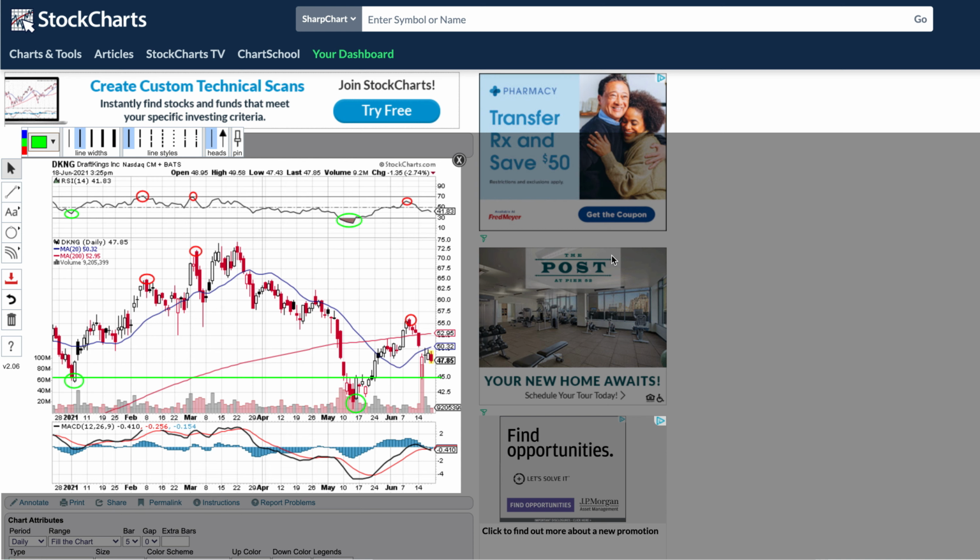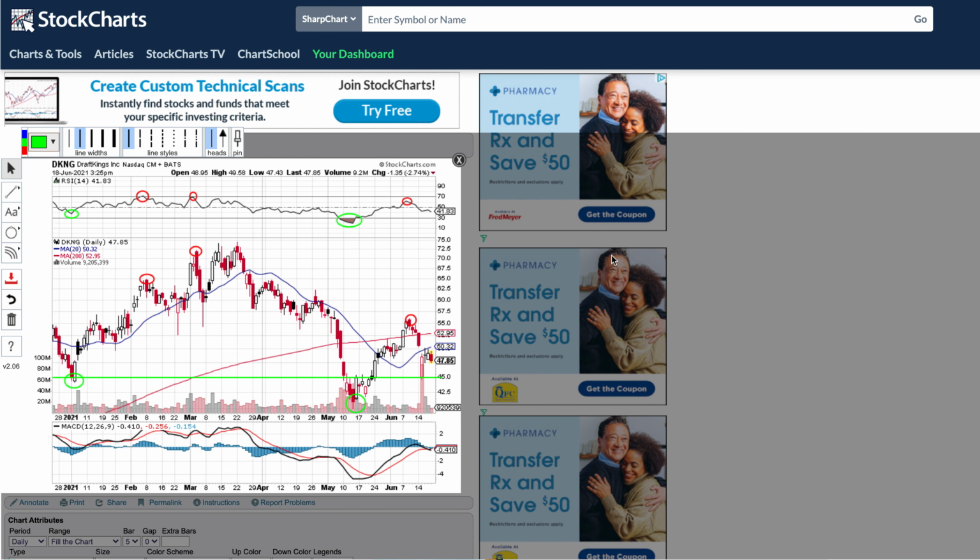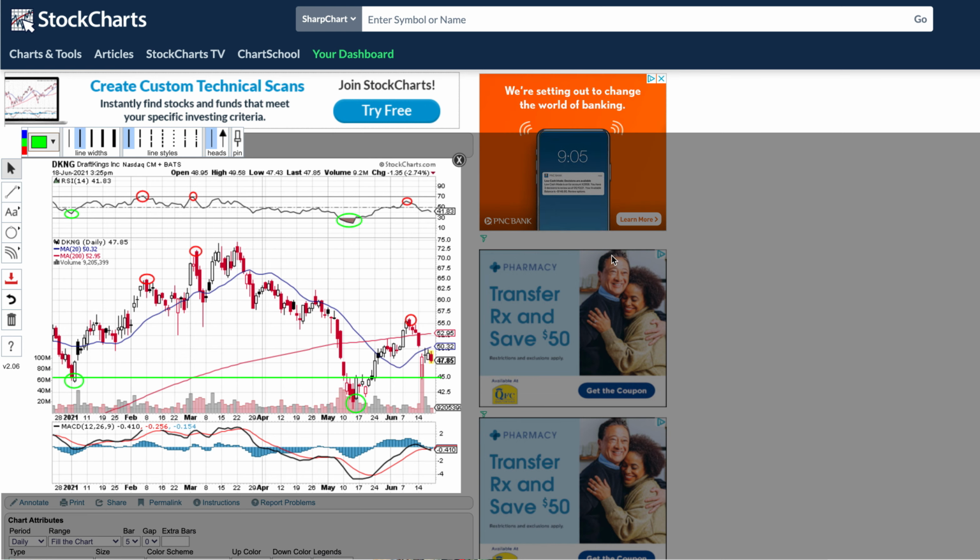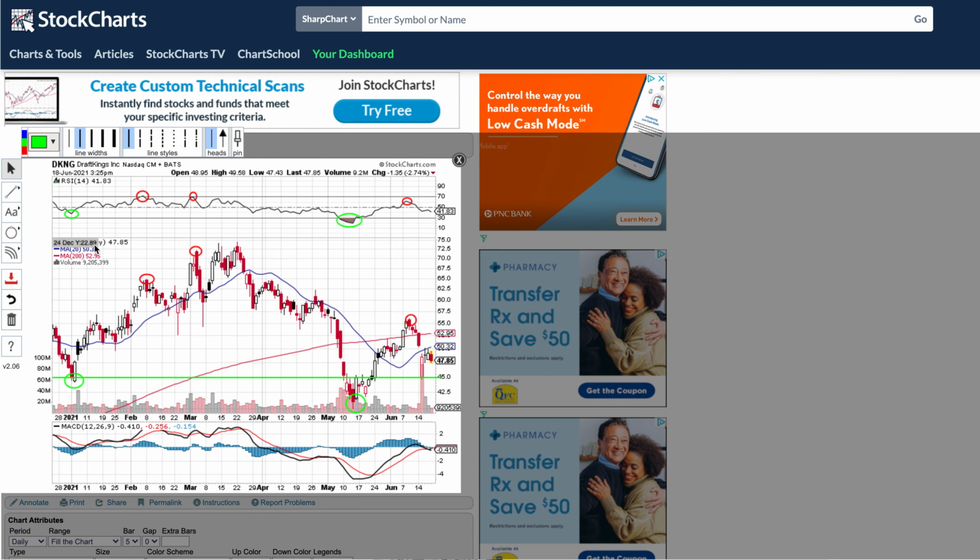Before we actually talk about the trade itself, there is one thing that I want to introduce you to when it comes to technical analysis, and that's the RSI, aka the Relative Strength Index. This indicator is this little horizontal section right here. It tells us when a stock is overbought and when a stock is oversold.